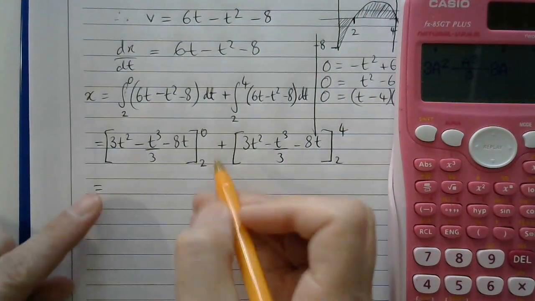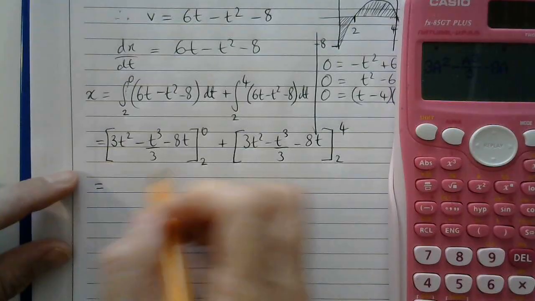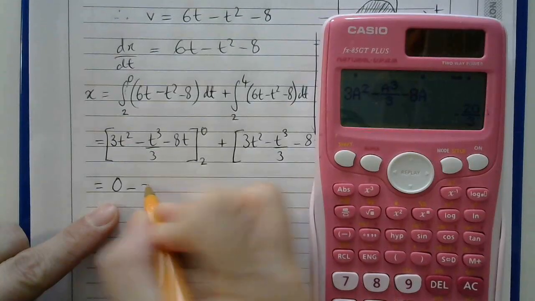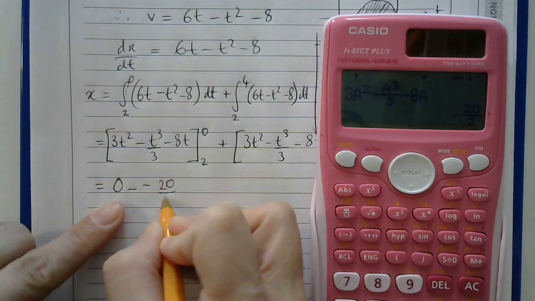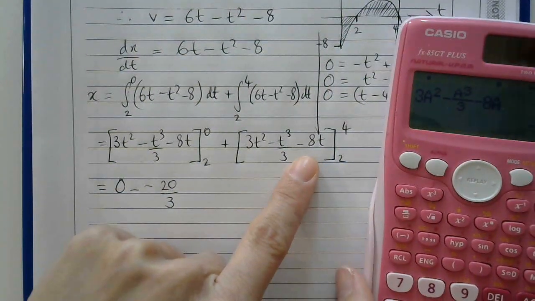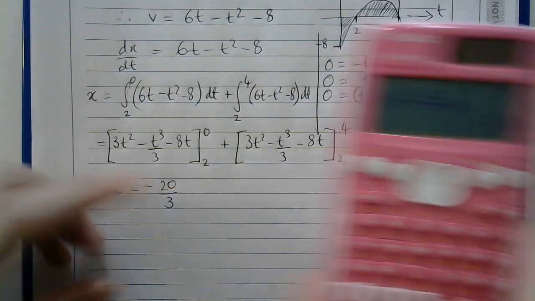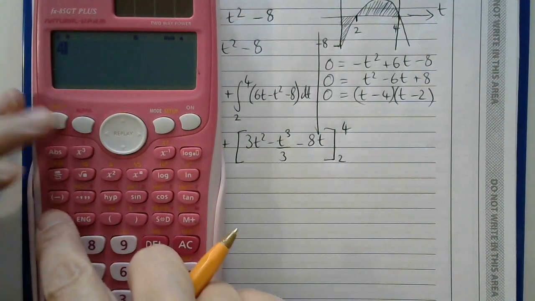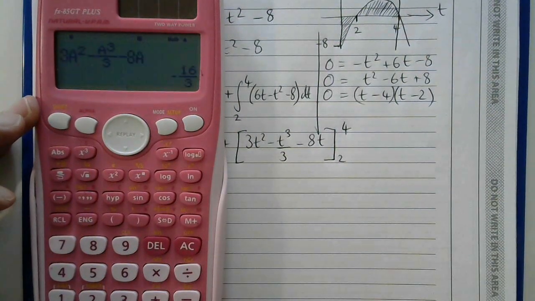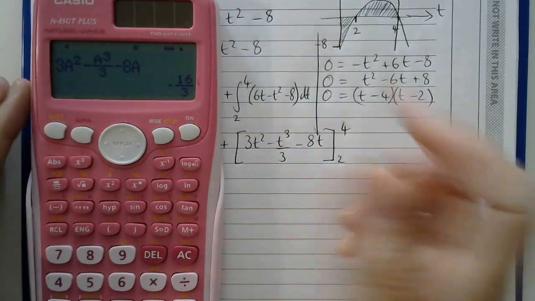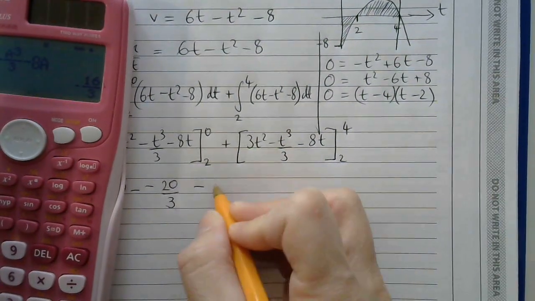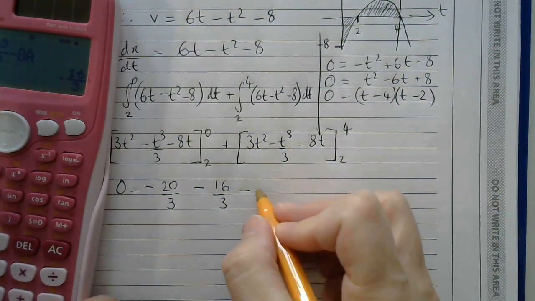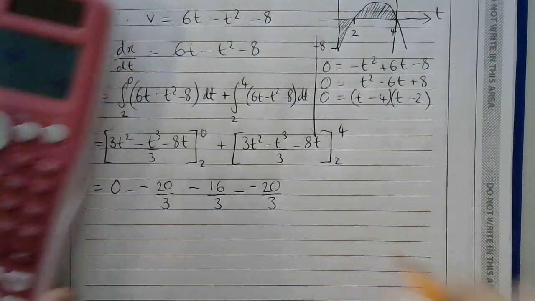Okay, so here when I put 0 into this, I'm going to get 0 minus what I get when I put 2 in it, so I end up with negative 20 over 3, and then I just need to evaluate this when I put 4 in. When I put 4 in, so 4 store A, up, equals, and now it's re-evaluated it, and this time I get negative 16 over 3, subtract what I get when I put 2 in it, so negative 20 over 3.